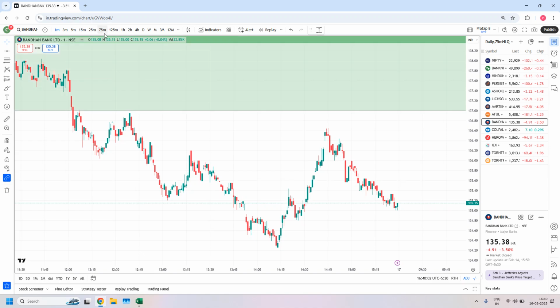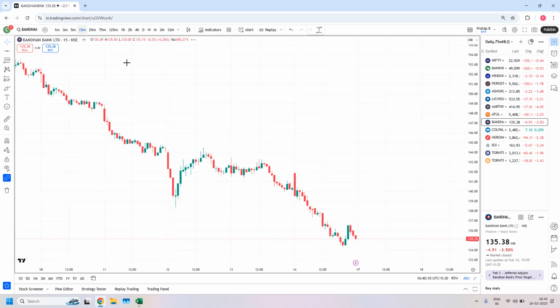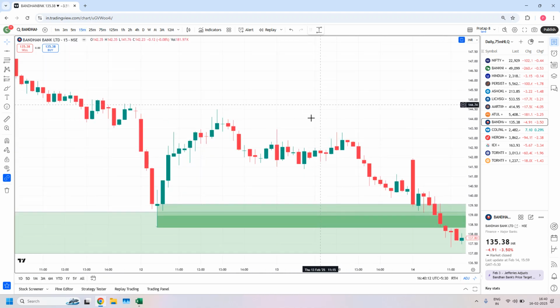This is also a 75-minute zone. We have a drop base rally. And in this 75-minute zone, we have a 15 minutes fine-tuned zone here. We have a drop base rally. Actually, it is looking like a bigger candle, right? Almost it is a failed ERC. But still, why have I drawn it?